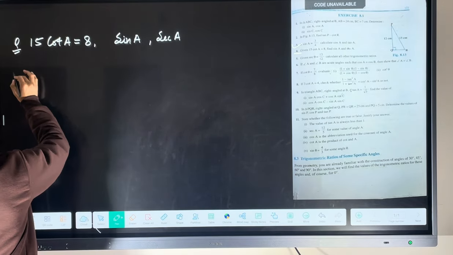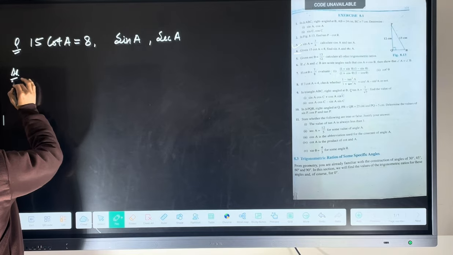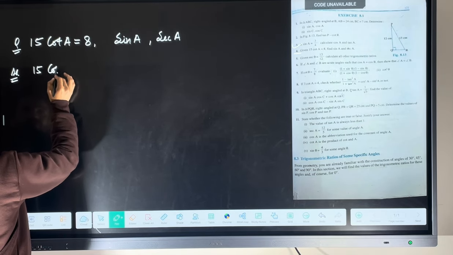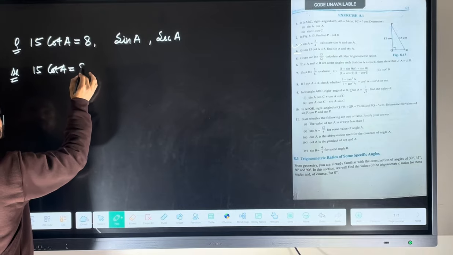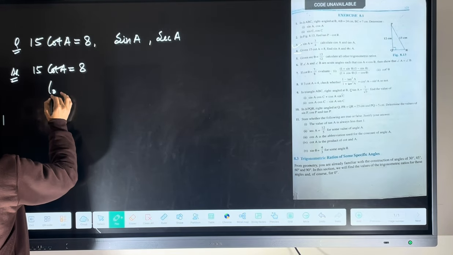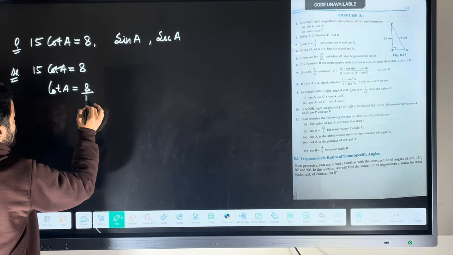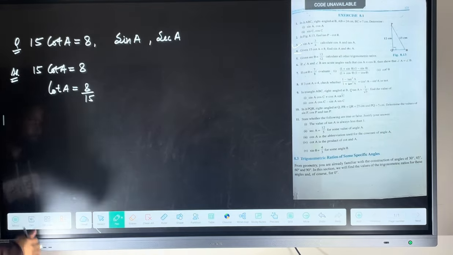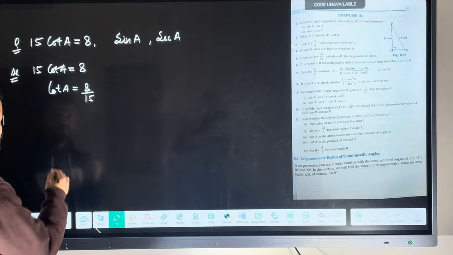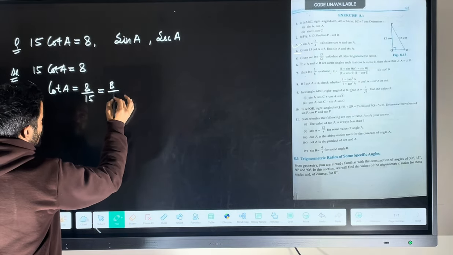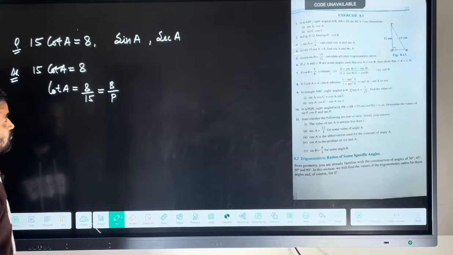Solution: 15 cot A is equal to 8, so cot A is equal to 8 upon 15. We know that cot A is equal to base upon perpendicular.